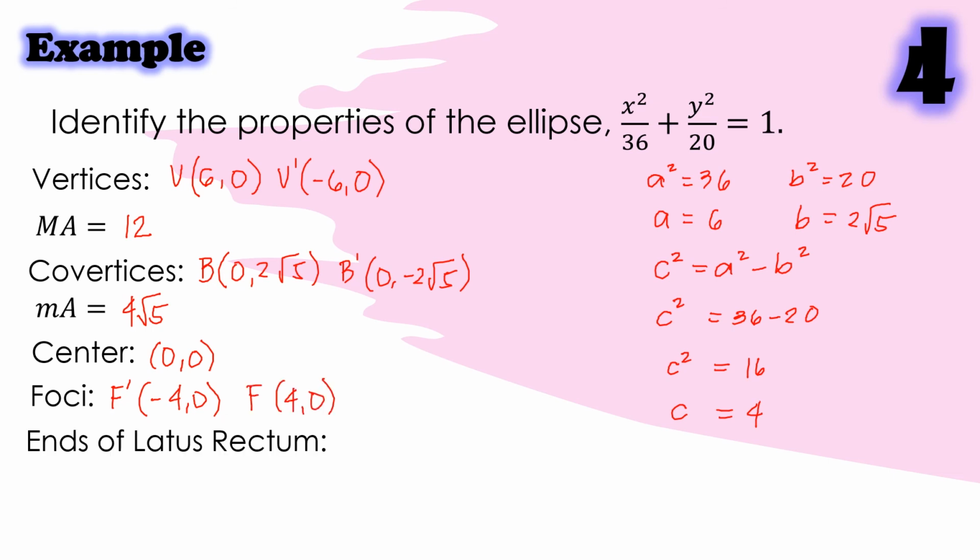The ends of latus rectum at negative 4, b squared over a, which is 20 over 6, that is 10 over 3. Also, we have negative 4, negative 10 over 3.